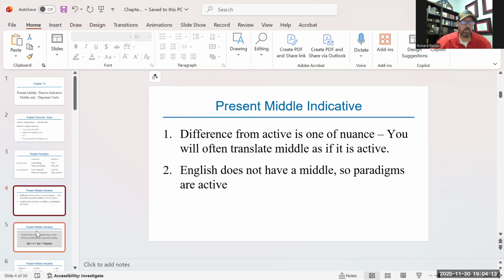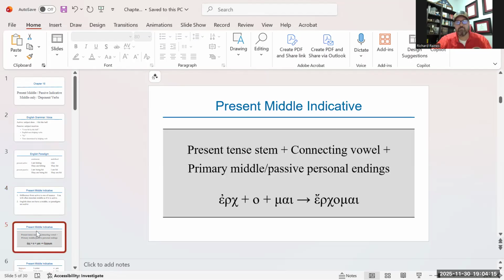So here is the present middle indicative. You have a stem, and the word we're going to be working with is erchomai. It's one of your vocabulary words, erchomai. And so you see the stem is erch, the connecting vowel would be the omicron, and then the primary ending.